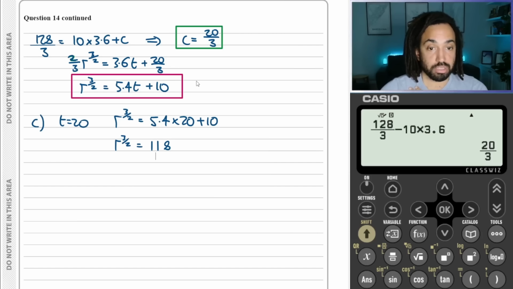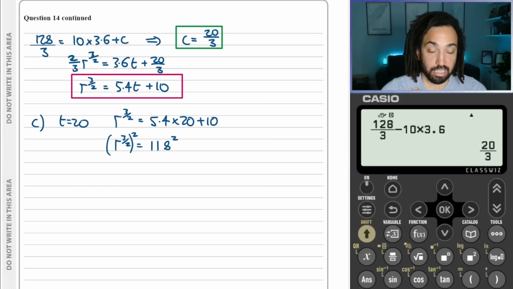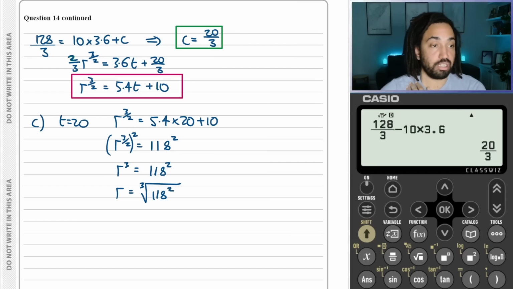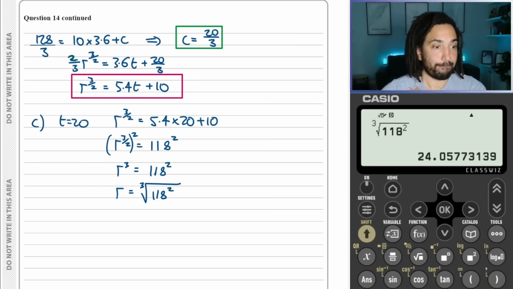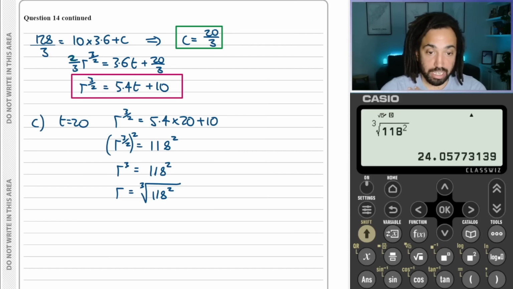Okay, so what we could do is we can take this and we can square both sides, and that will cancel out the half power there, so we get r cubed is equal to 118 squared. So then to get r, we're going to do the cube root of 118 squared. Okay, can't do that one in my head.